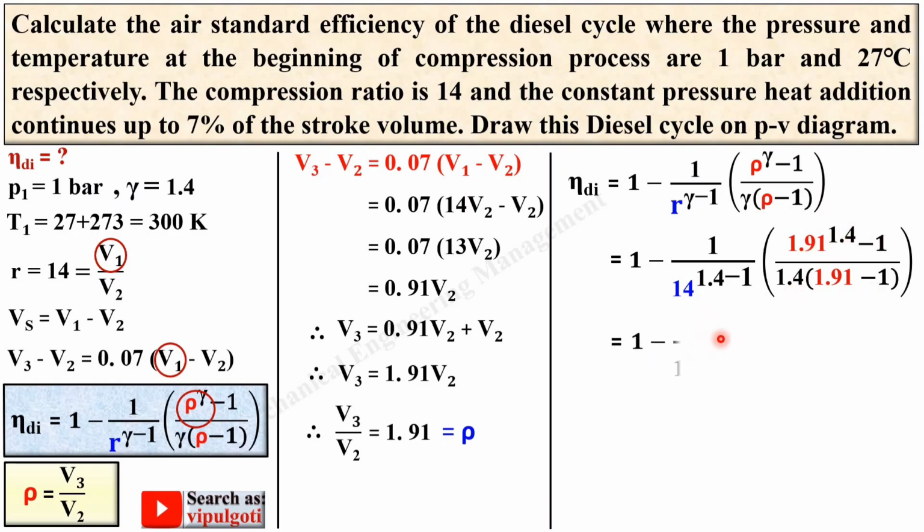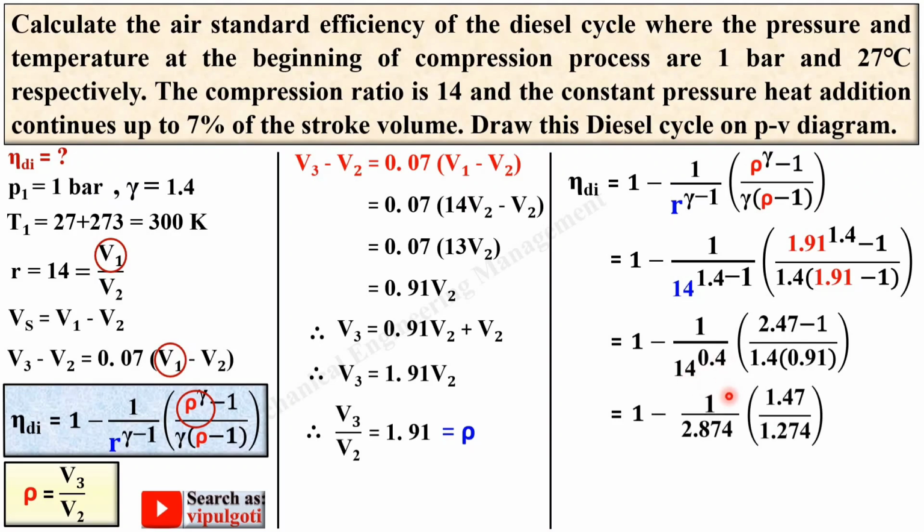Simplify again. Here you can understand 1.4 minus 1 means 0.4. 1.91 to the power 1.4 is 2.47. And here 1.91 minus 1 means 0.91. Simplify this equation again. So 14 raised to 0.4 means 2.874, and simplification of this term gives this one.